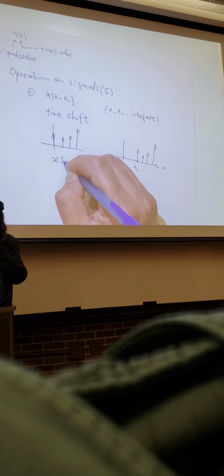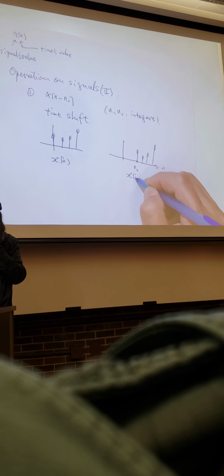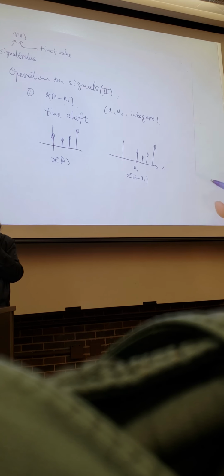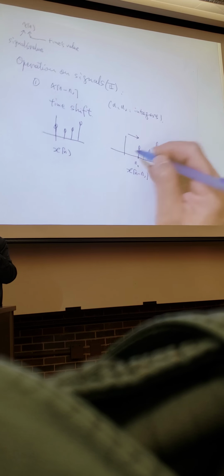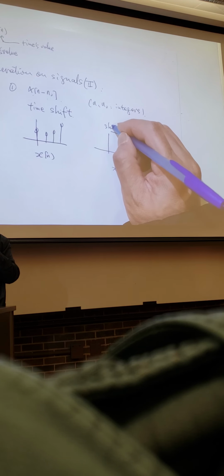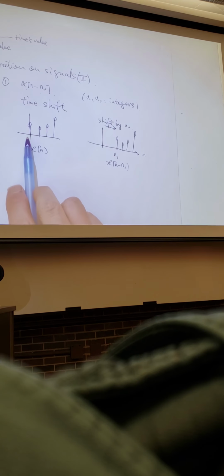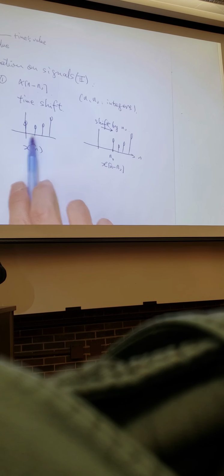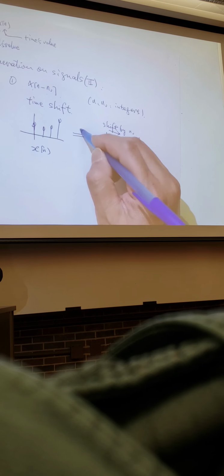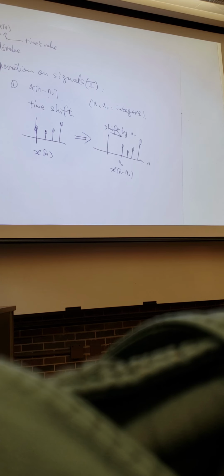This is x of n, and this is x of n minus n0. So it is shifted by n0. This form is moved by n0. So this is the shift by n0.